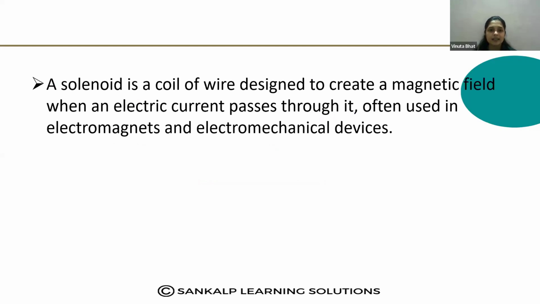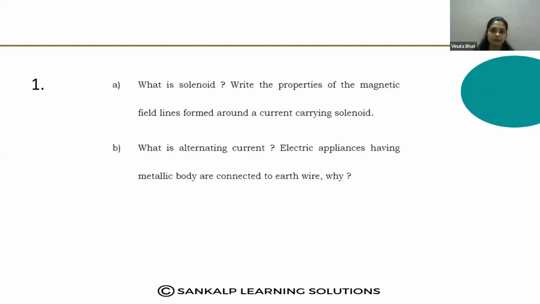When an electric current passes through it, it is often used in electromagnets and electromechanical devices. That is the definition of solenoid. Write the properties of magnetic field lines formed around the current carrying solenoid.